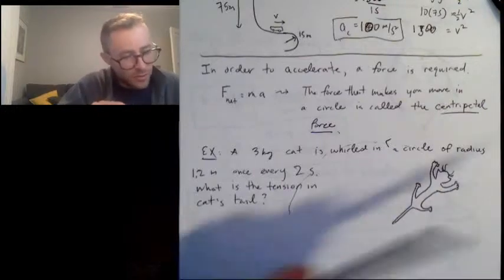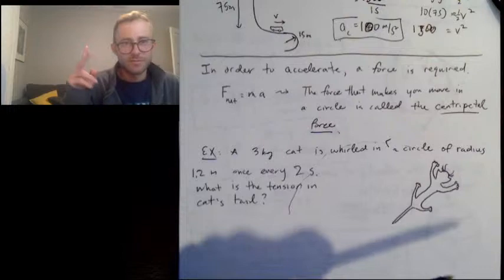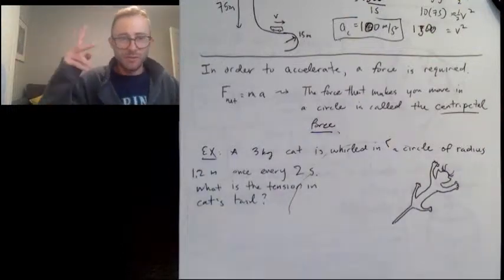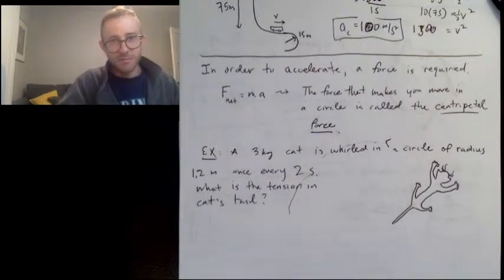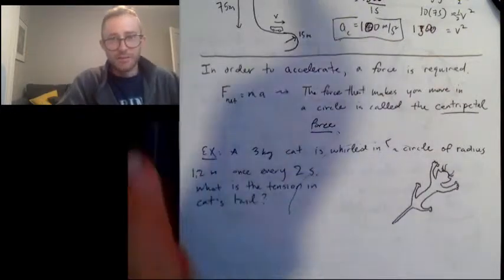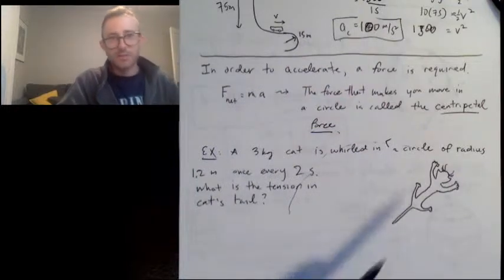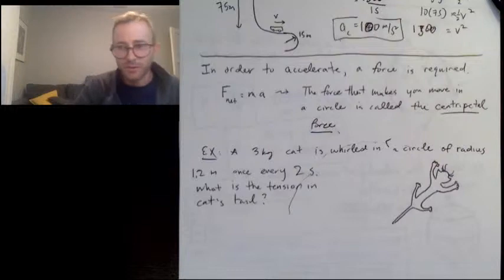I'm not saying you should ever do this, but if you were to snip the tail of the cat, it would no longer be moving in a circle. It would go flying. So it's the tension in the cat's tail that is the centripetal force.